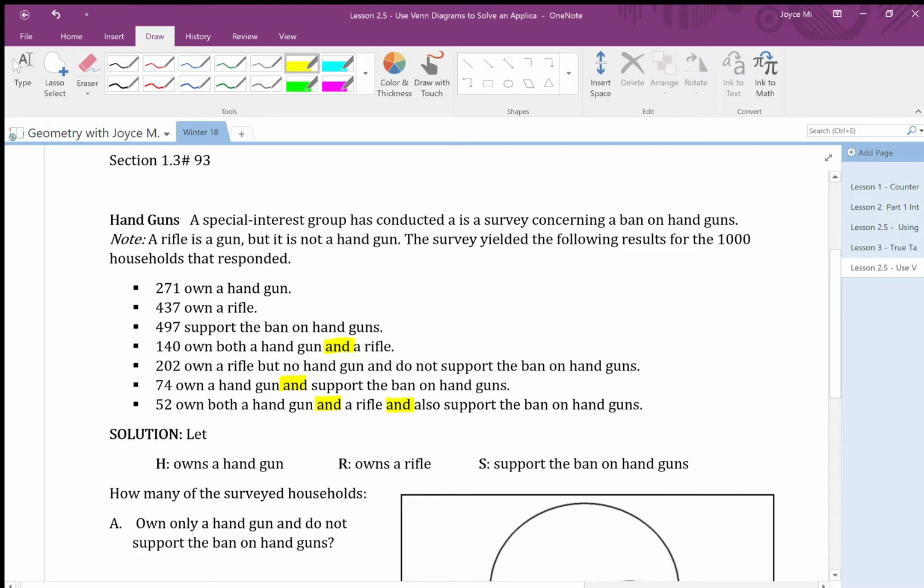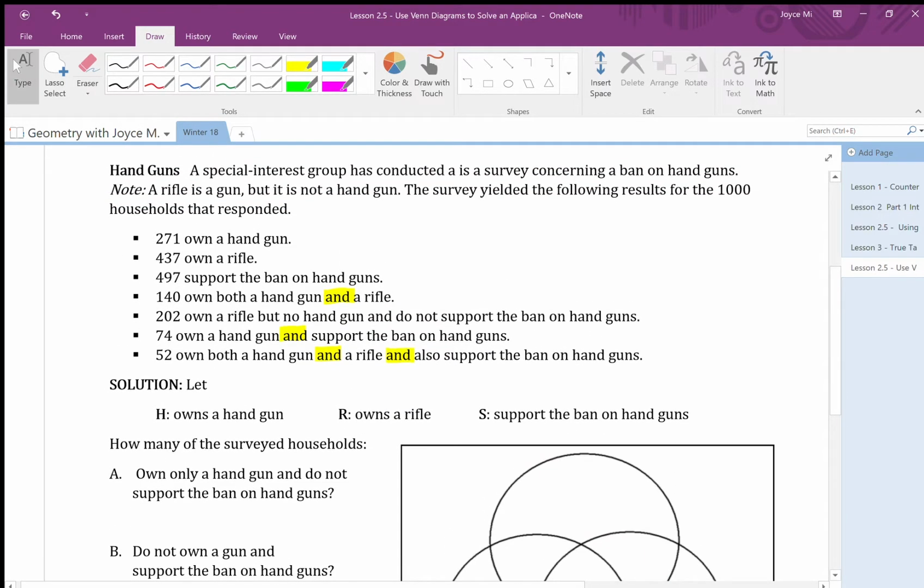So before I answer the question on the left below here, I'm going to define some terms. Let H represent owning a handgun, R represent a household that owns a rifle, S represent a household that supports the ban on handguns. Now, using these three terms, I'm going to label the Venn diagram.